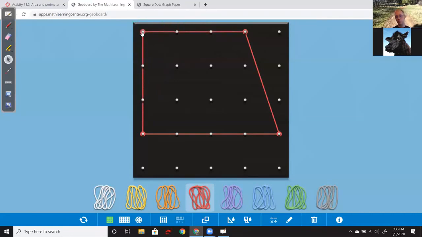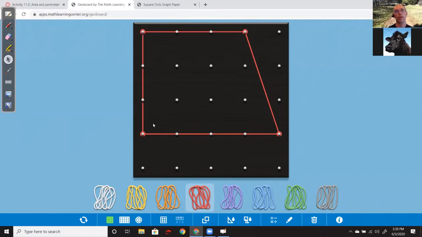So what else do you think we have to take into account to find the area of a trapezoid? Any guesses?